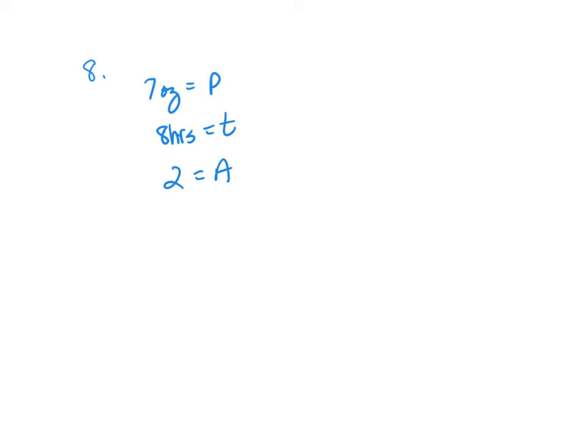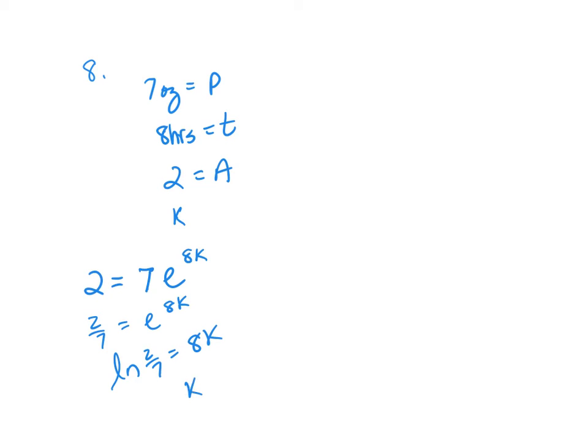What is the half-life? Okay, so first we need to find k. So we do A equals Pe^(8k). So if we have 2 sevenths equals e^(8k), then ln of 2 sevenths equals 8k. So do ln of 2 sevenths divided by 8.